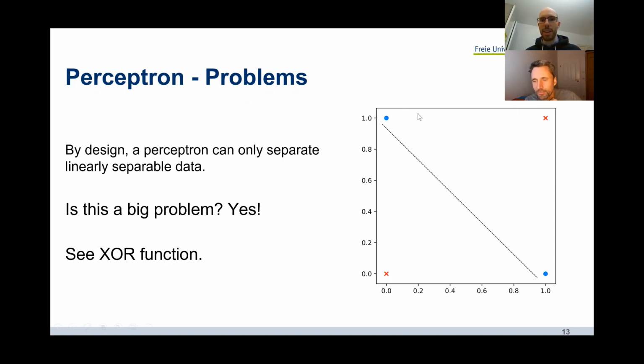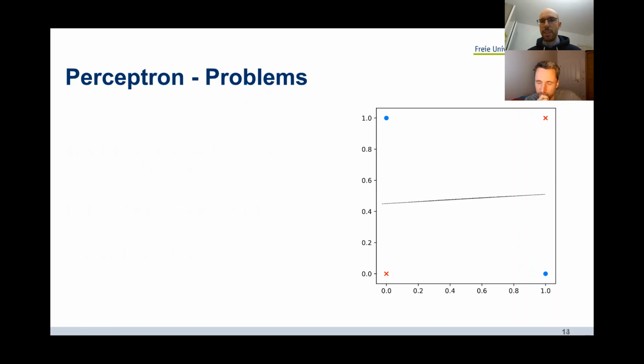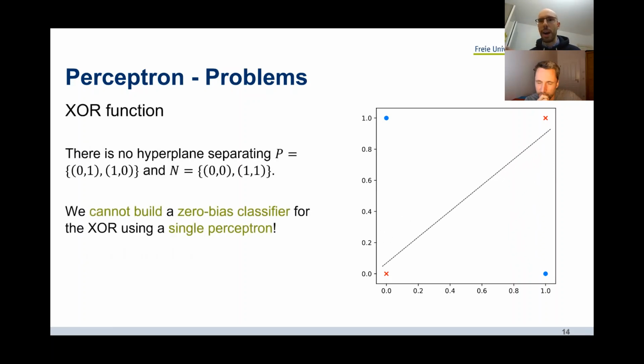If you look at the XOR function, which is a very simple binary function, and you try to come up with a boundary that separates the positives and the negatives, or the zeros and the ones, you notice that it's not possible. You can tilt your hyperplane however you want, but you're not going to find a hyperplane that separates your data. This is obviously a pretty big problem. So our perceptron is only going to work when we have data that is linearly separable.